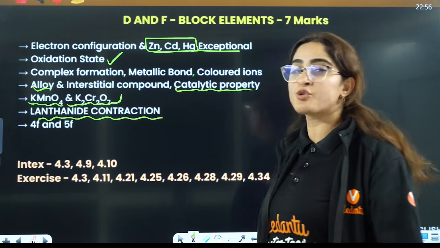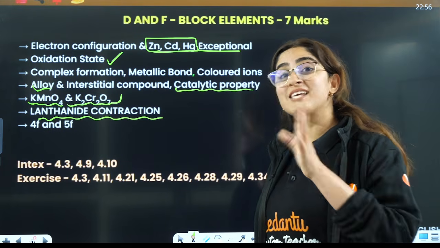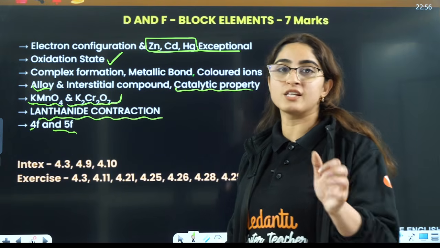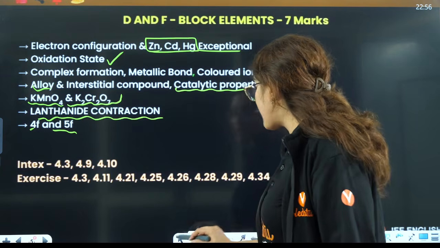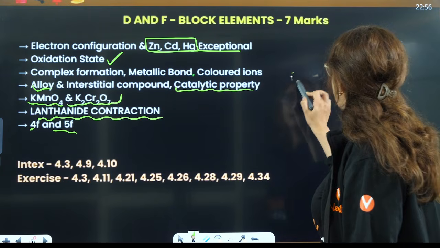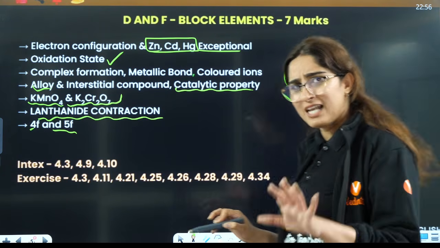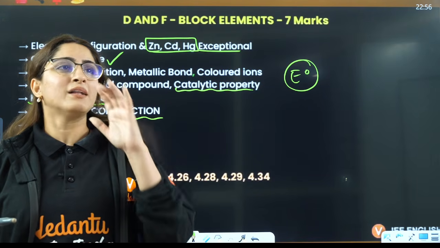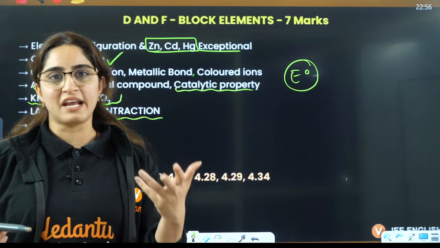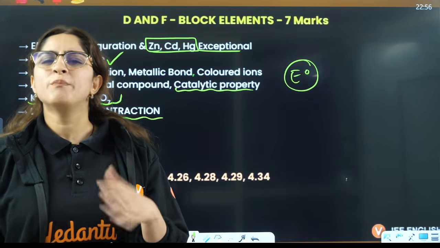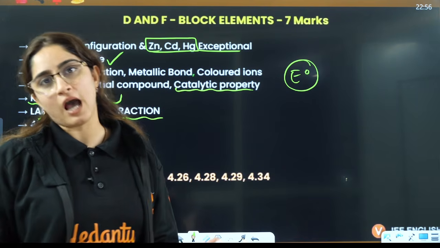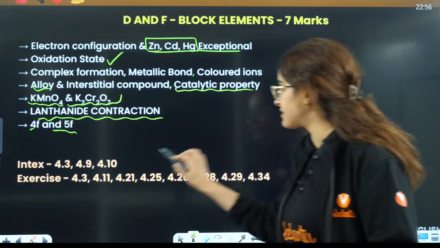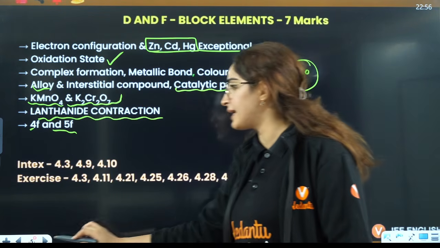Lanthanoid contraction is also asked, they ask you consequences of lanthanoid contraction, and 4f and 5f, which one is stronger. Then they ask one question based on E naught, and I'll give you the questions, then only you will be able to understand what question I'm asking, like the E naught potential of this one is negative, this one is positive, why. Basically reasoning kind of questions they ask you in the d and f block, okay. These are the exercise questions that you need to practice, right?